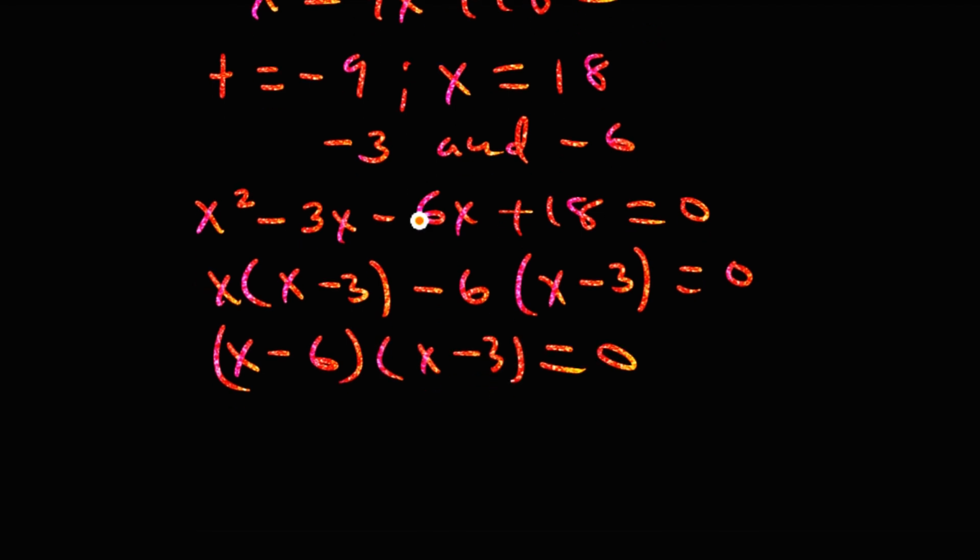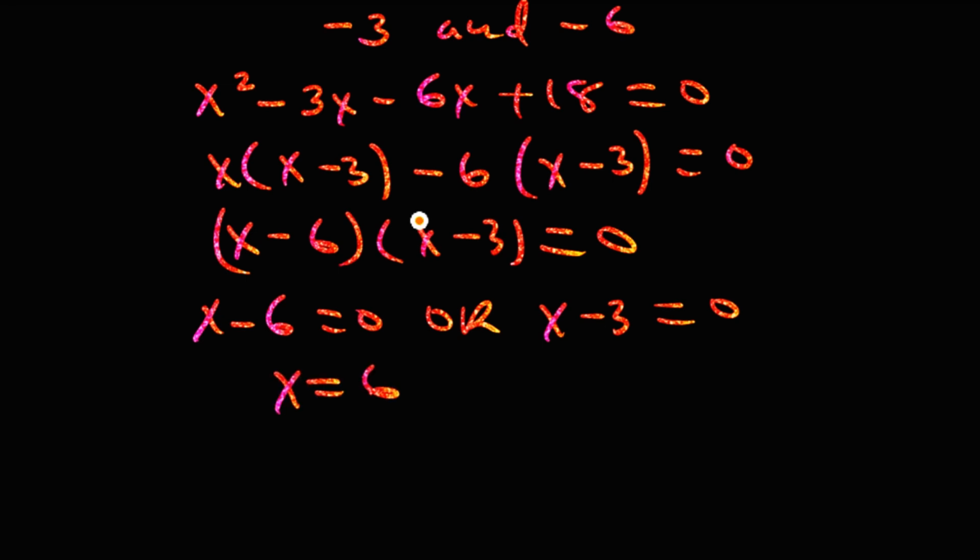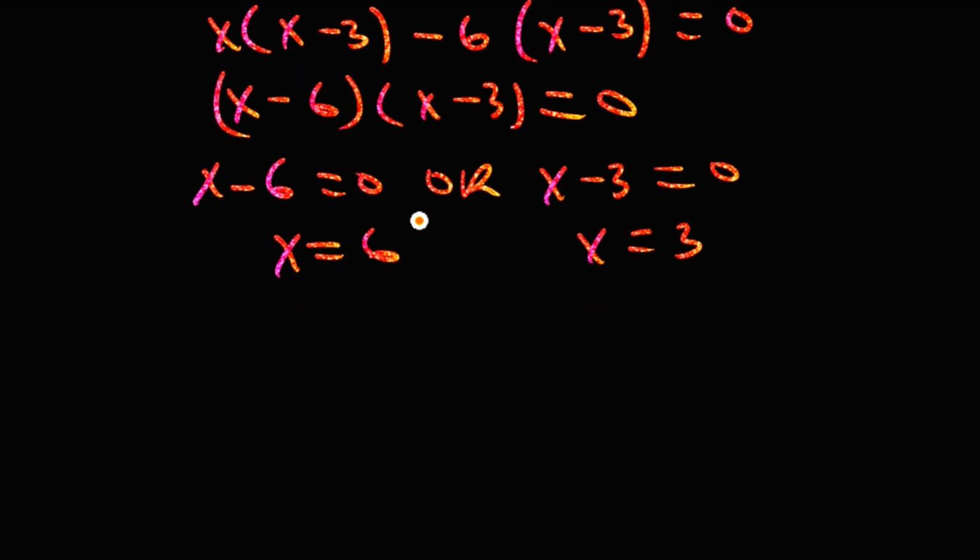A product is equal to 0 if either of the numbers involved is 0, so either x minus 6 is 0 or x minus 3 is 0. Then x is 6 or x is 3. Those are the solutions of our equation.